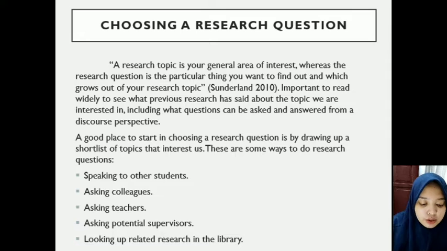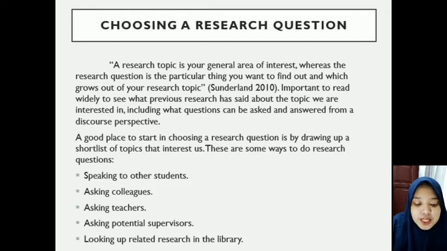It is important to read widely to see what previous research has said about the topic you are interested in, including what questions can be asked and answered from a discourse perspective. A good place to start in choosing a research question is by drawing up a short list of topics that interest you.